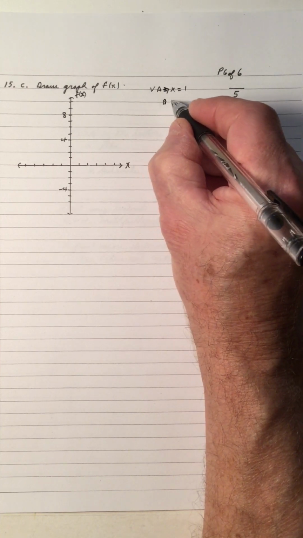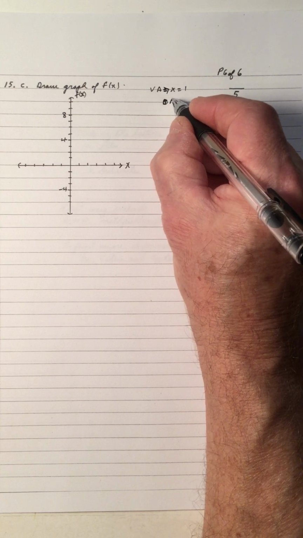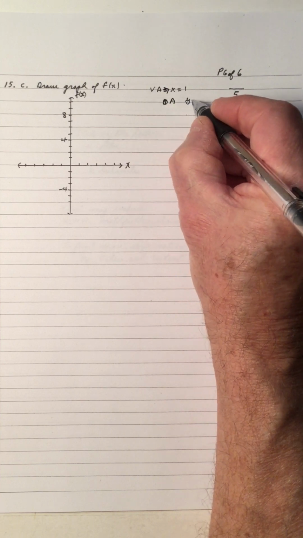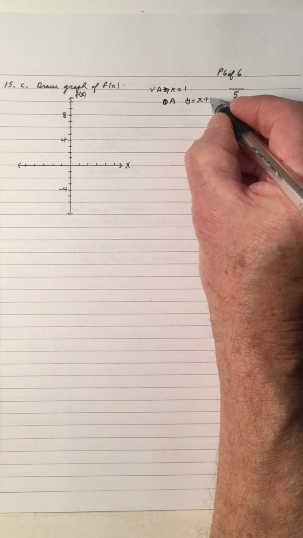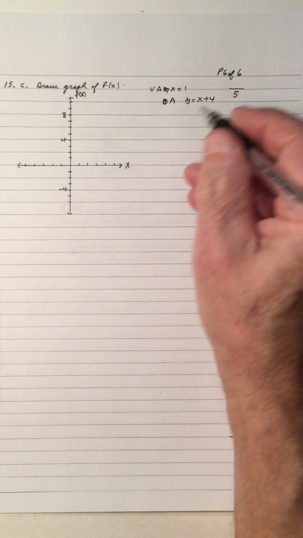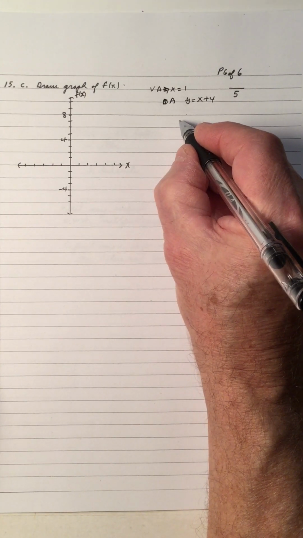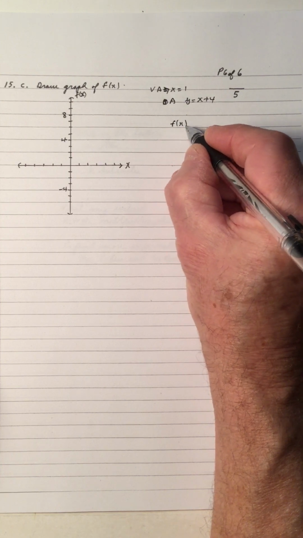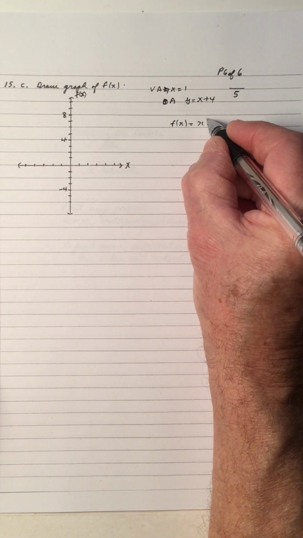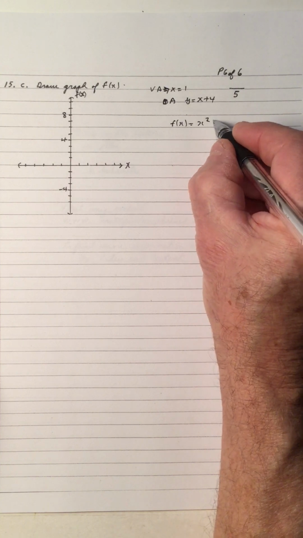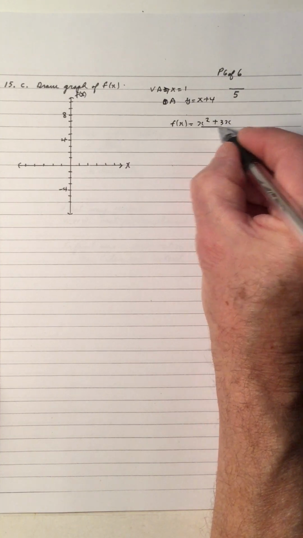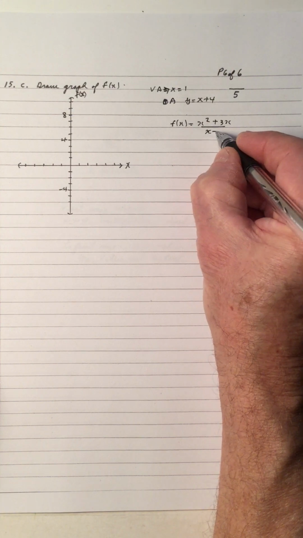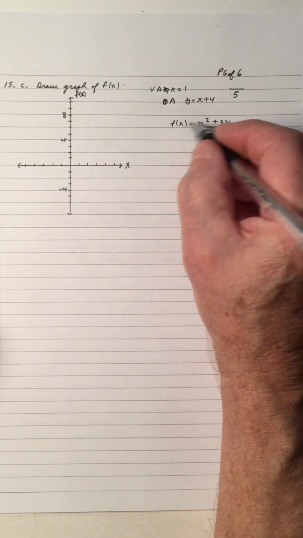It had an oblique asymptote at y equals x plus 4. And I want to write down that function again. So we have f of x is equal to x squared plus 3x all over x minus 1.